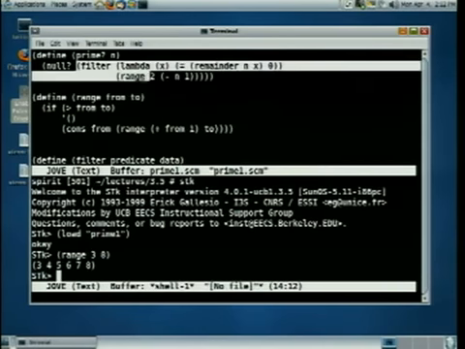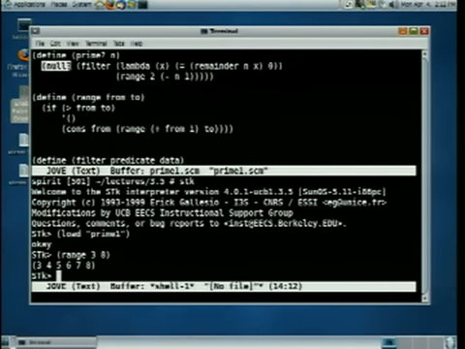And then we say, filter that list of numbers with the predicate: is the remainder when we divide n by x 0, which is how you say, is x a factor of n? And then finally, we say, is that set we got from filter empty? So if it's empty, then there are no factors between 2 and n minus 1.